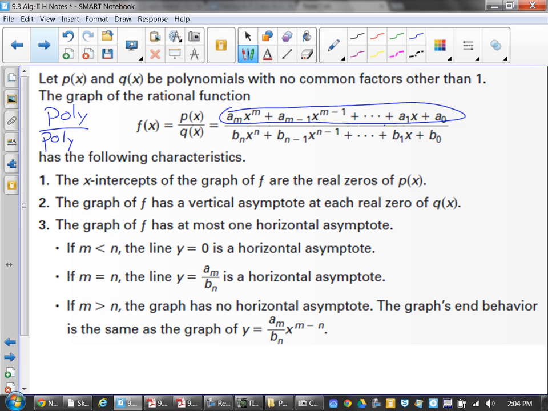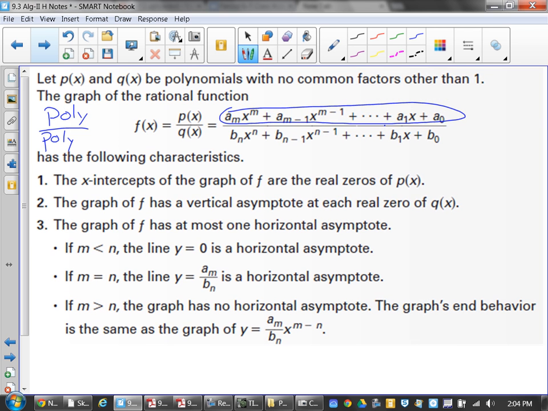It's written in descending order where m is the degree of the numerator, and n is the degree of the denominator.